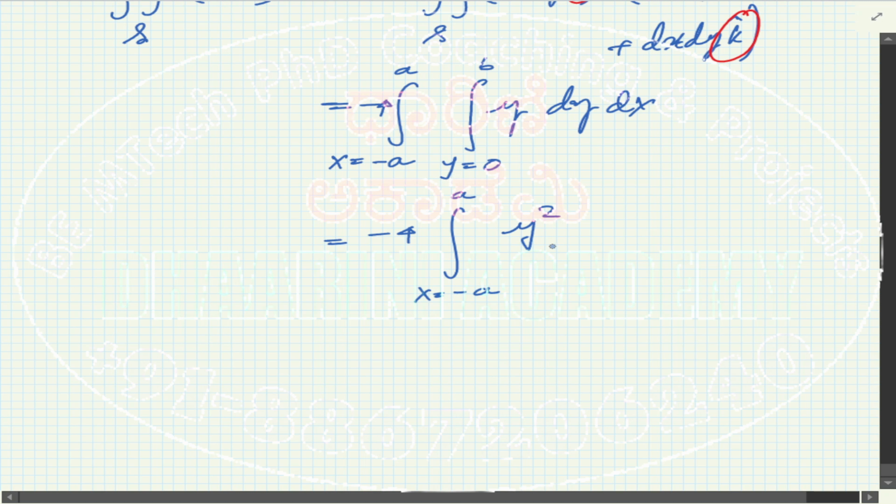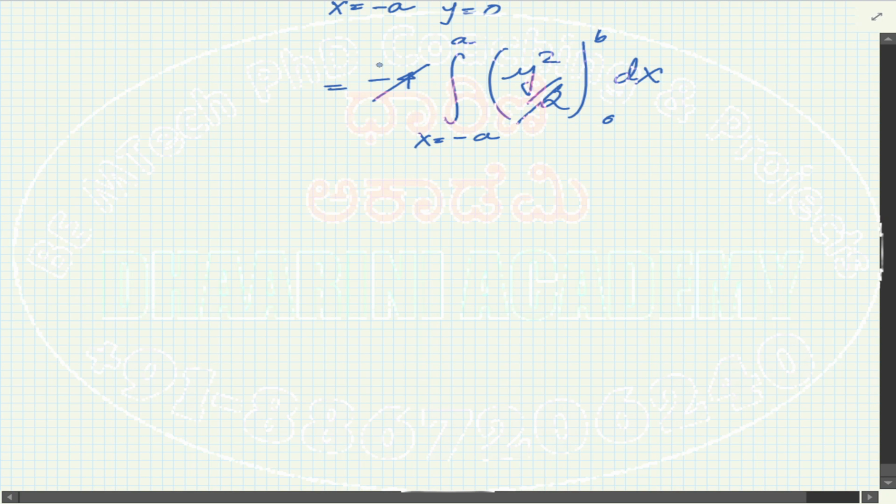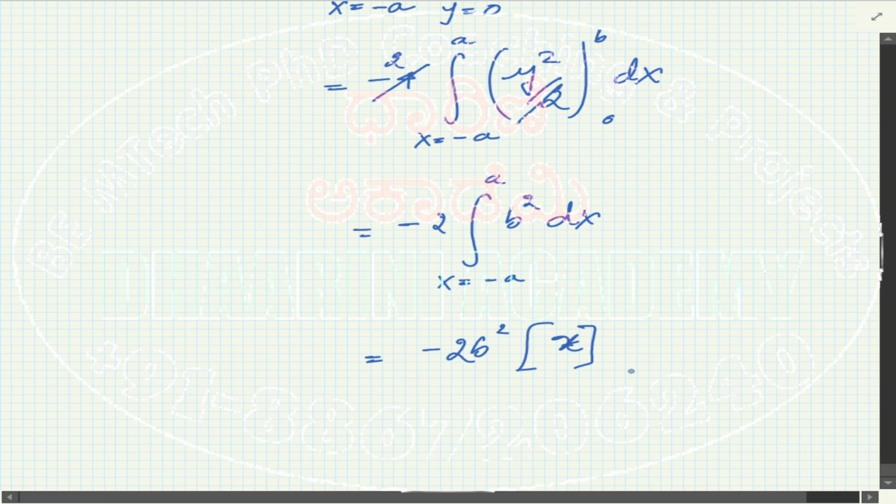So this becomes y square by 2, with the limit 0 to b into dx, because we are still left with one integration. But before doing that, we need to simplify this. This becomes minus 2 times integral x equal to minus a to plus a, y square becomes simply b square, correct? Because when you put 0 for y, it becomes 0. So this is minus 2 b square into the integral of dx from minus a to plus a.